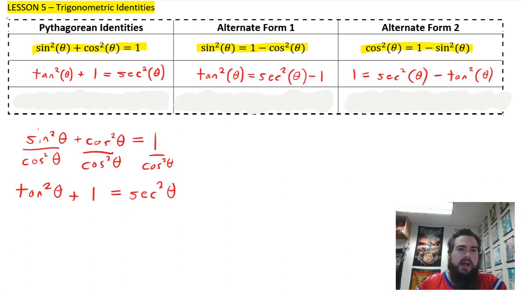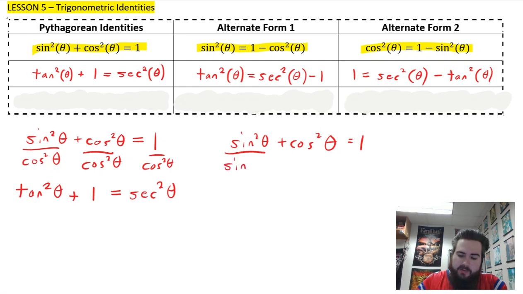We could do the same concept to come up with another Pythagorean identity that involves the other two trig functions that we have not worked with yet. Instead of dividing both sides of sine squared plus cosine squared equals 1 by cosine squared, I will divide instead by sine squared.